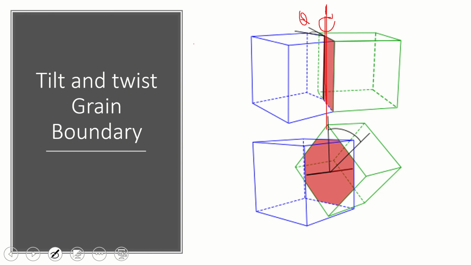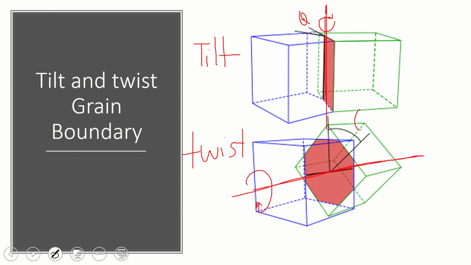So this on the top is the tilt grain boundary, and the one on the bottom is the twist grain boundary. You have the line going through right here, and you have a rotation, and this is the angle of misorientation.